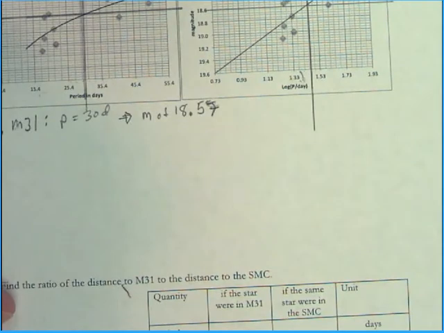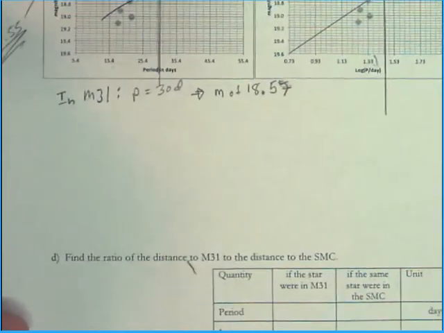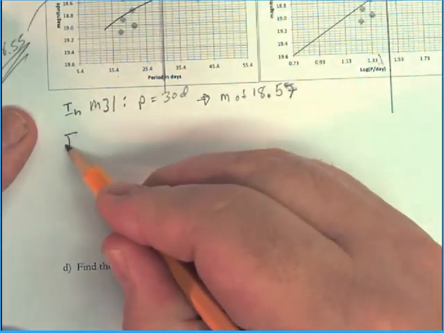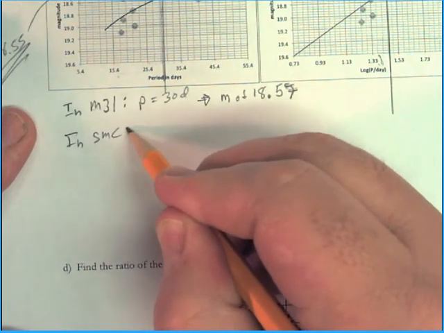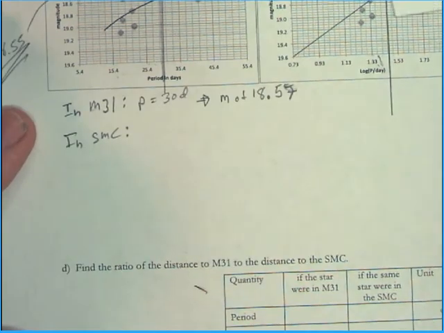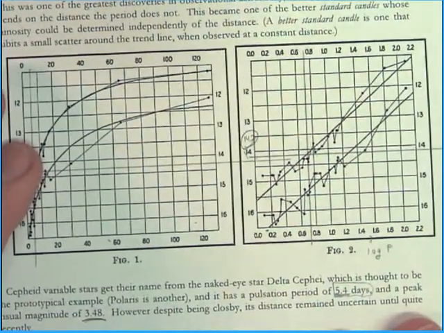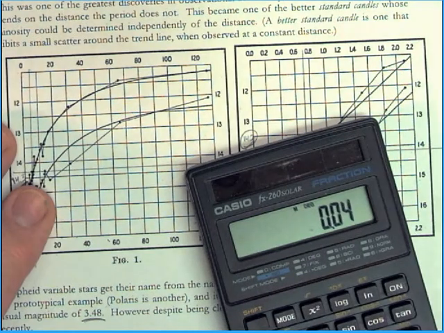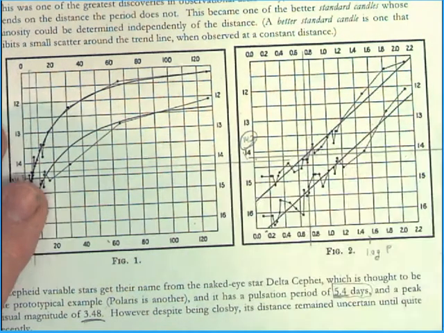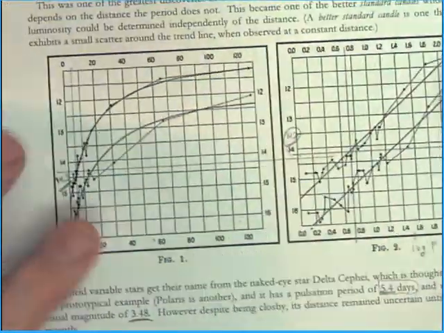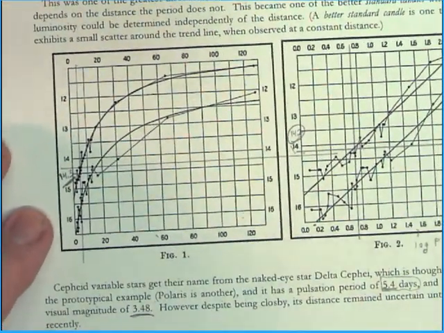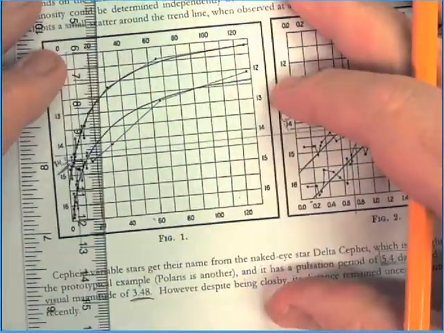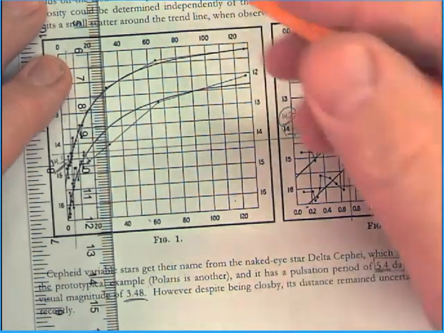Okay? Now, the same thing in the SMC. So the period was 30 days. We'll find 30 here, and this 30 should be right here in this line.